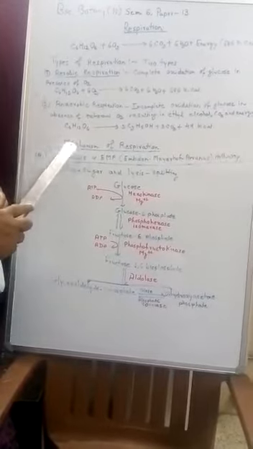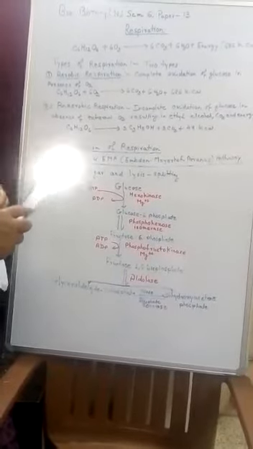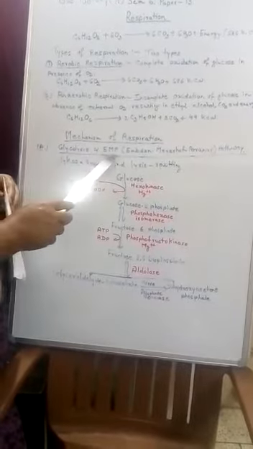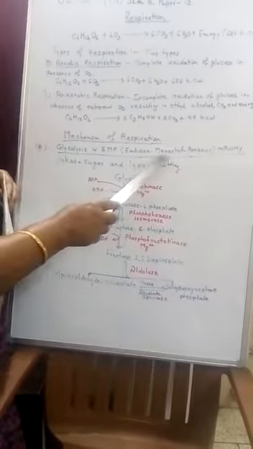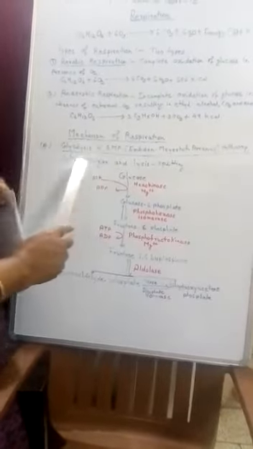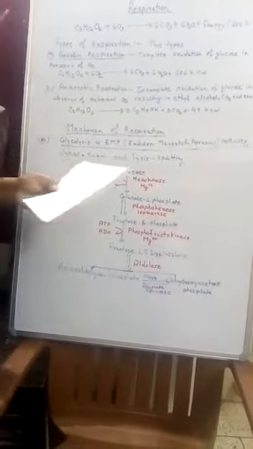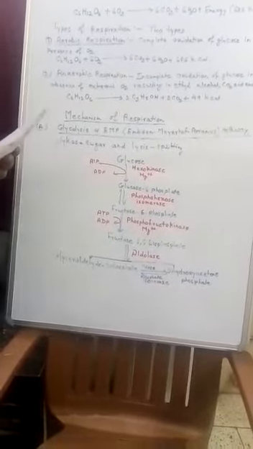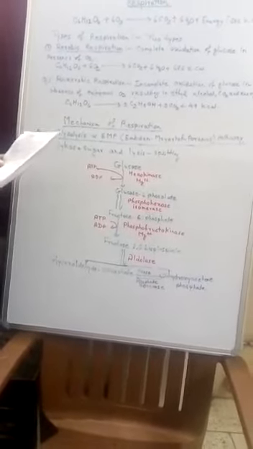It is performed at different stages. First stage is glycolysis or EMP, the Embden-Meyerhof-Parnas pathway. Glycolysis is from Greek words: glycos means sugar, lysis means splitting.